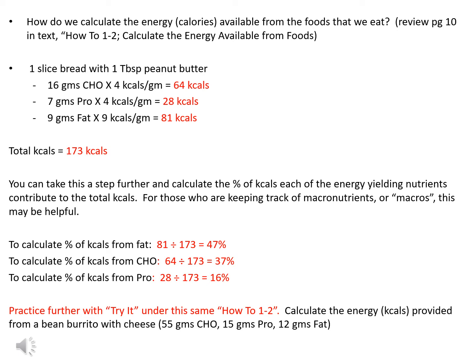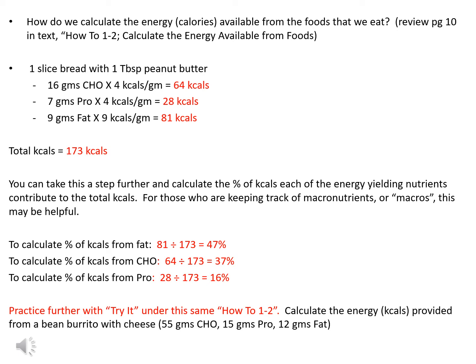So 16 grams of carbs times 4 calories per gram equals 64 calories. 7 grams of protein multiplied by 4 calories per gram, 28 calories. 9 grams of fat is going to provide you with 9 calories per gram. Simple multiplication again is 81 calories. Just total those up. This particular food is going to provide you with 173 calories.